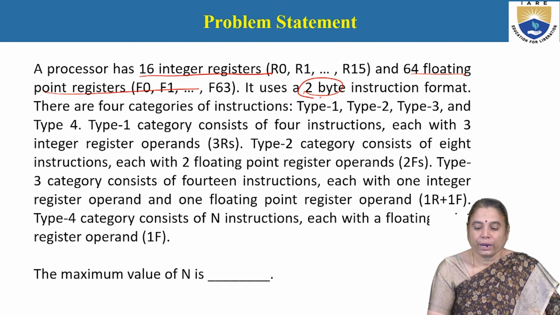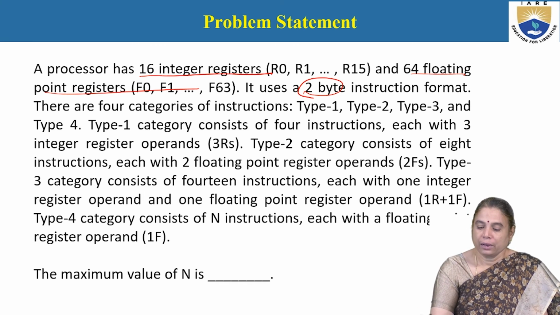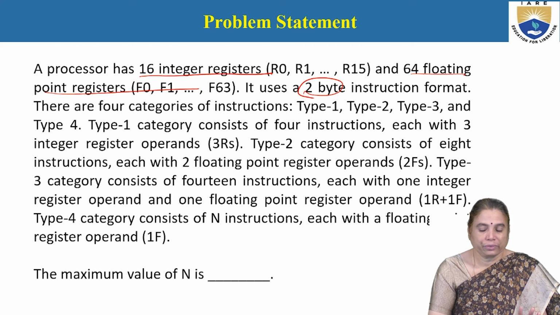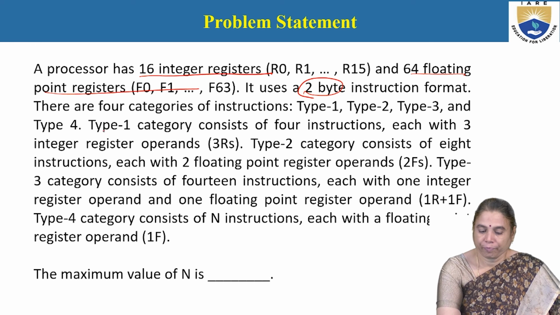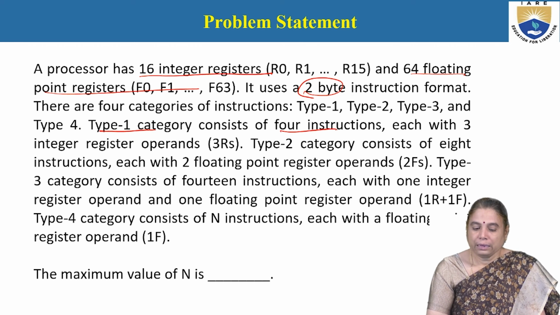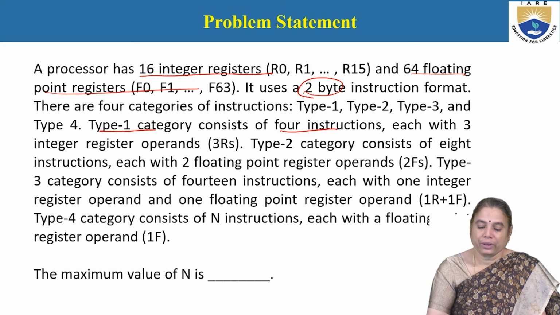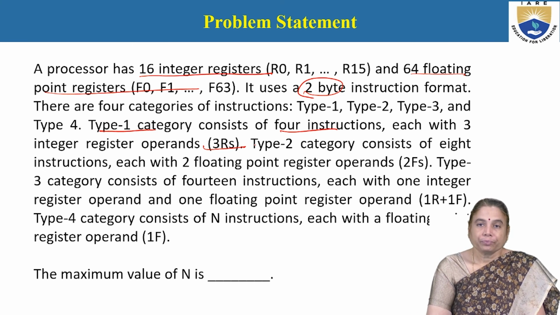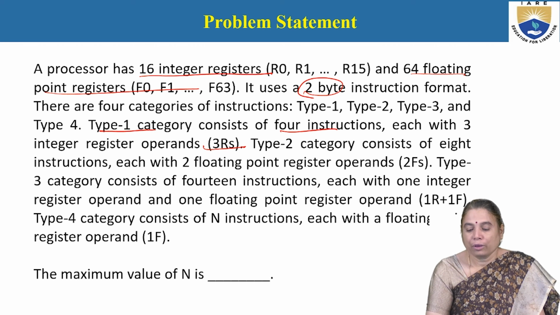There are 4 categories of instructions: type 1, type 2, type 3 and type 4. Type 1 category consists of 4 instructions, each with 3 integer register operands.